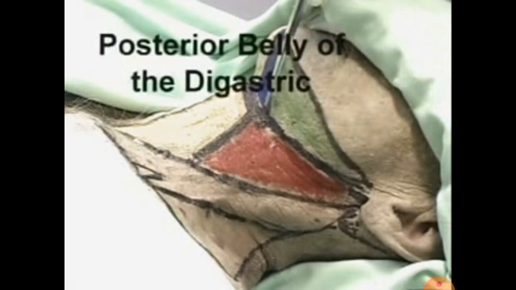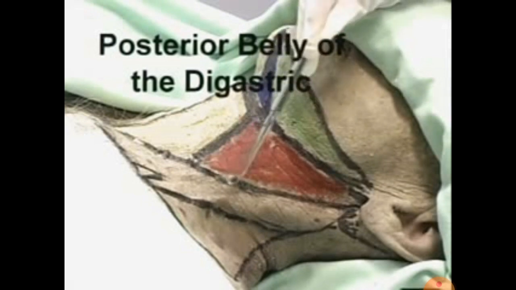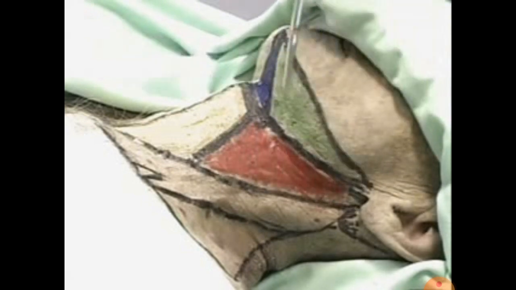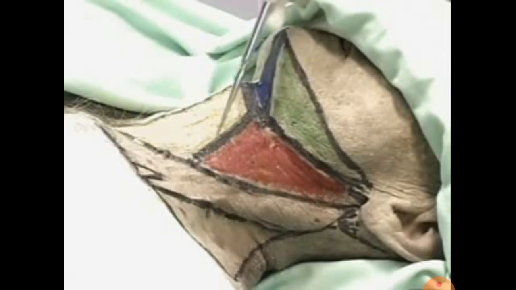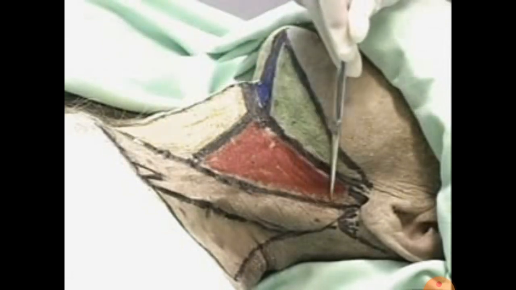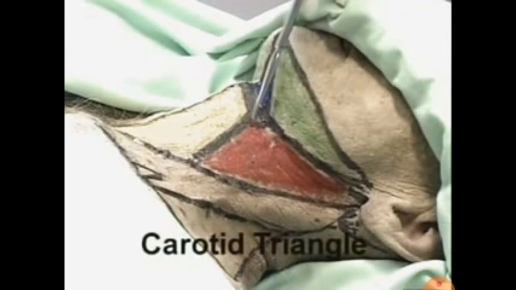Second is the carotid triangle, the boundaries of which are formed by the superior belly of omohyoid, posterior belly of digastric, and the upper half of the anterior border of sternocleidomastoid muscle. So this is the apex, and this lower portion makes the base of the triangle.